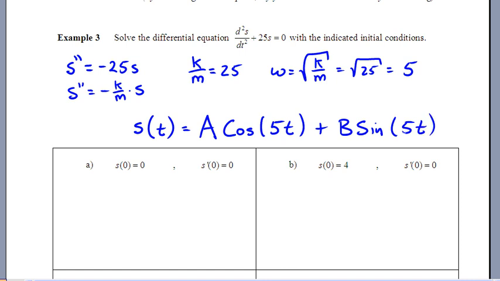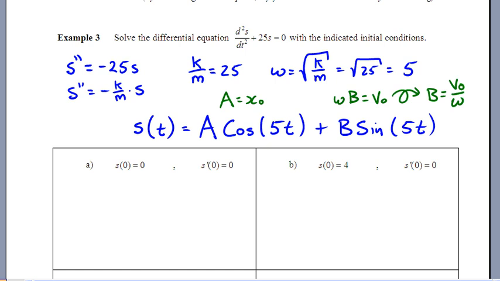And that b is really important if you throw it, if you give it an initial velocity. And so once again, our plan, the a is equal to just the original position, and the b, well, actually omega times b is equal to the original velocity. So we can swing that around and say, oh, well, if that's true, then the b is just the original velocity divided by the omega.